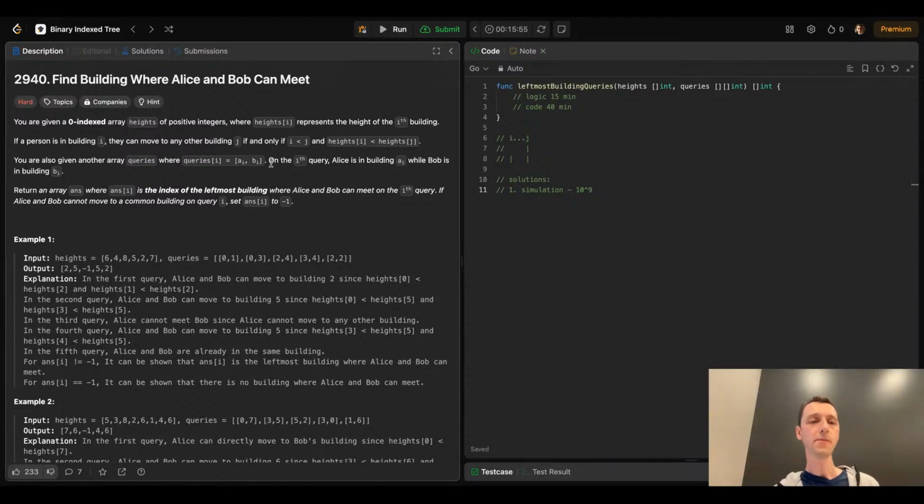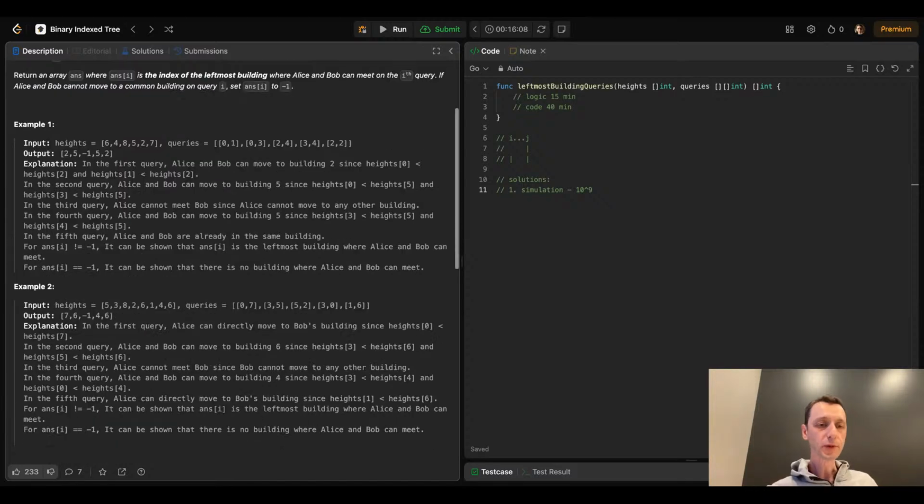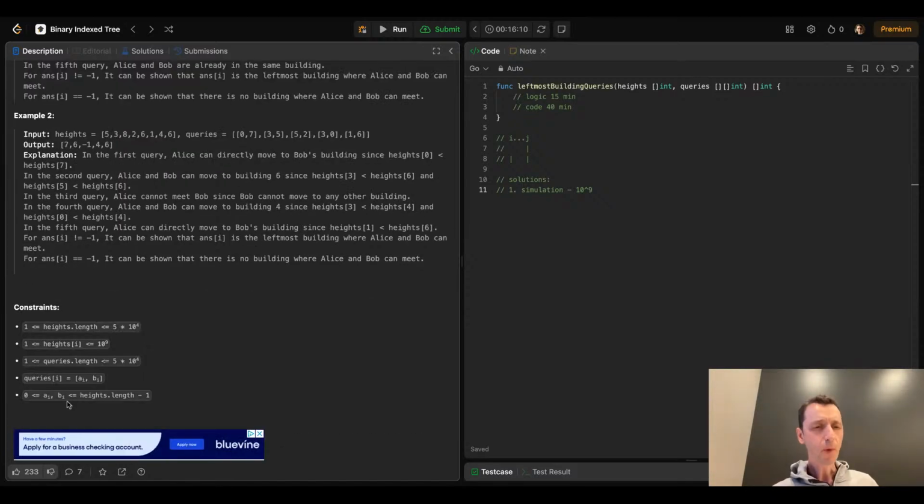And by the way, B, it doesn't say that B is higher than A. Right? Or it does.